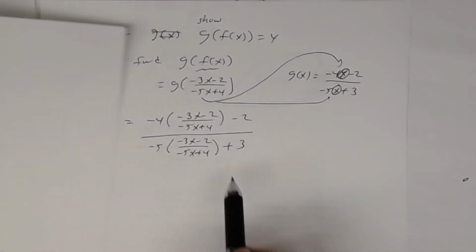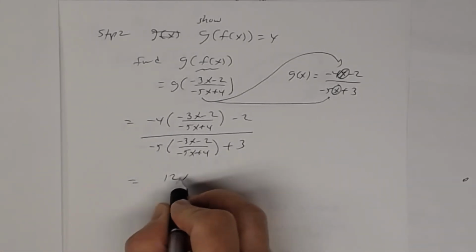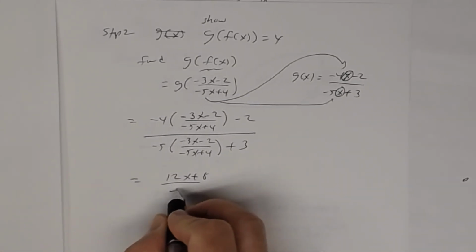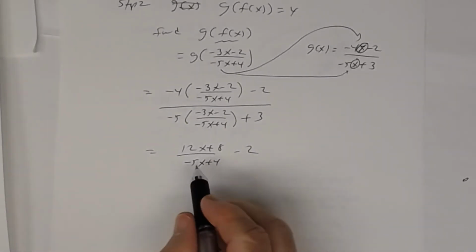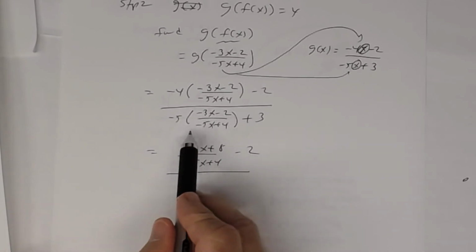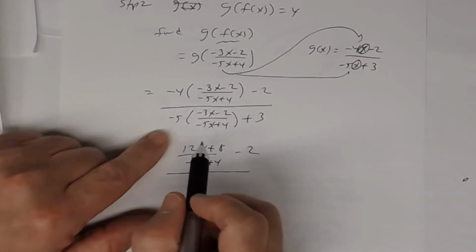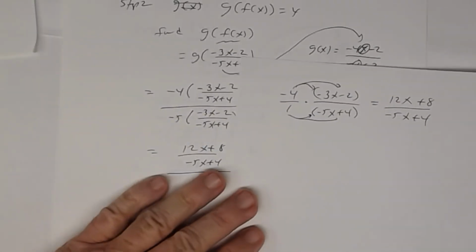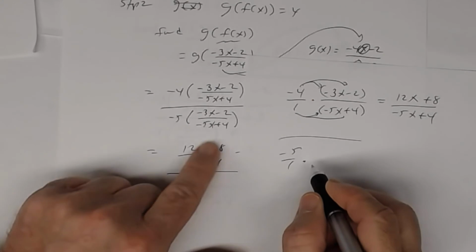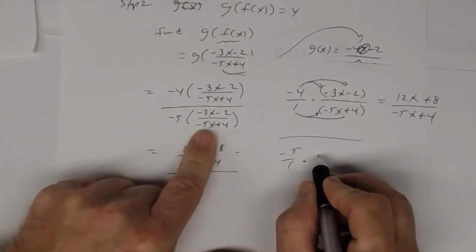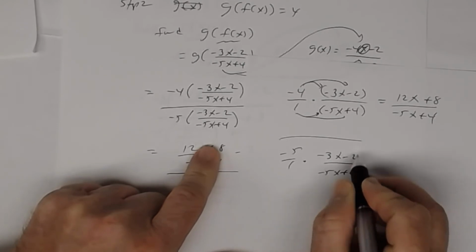Okay? So I'm going to take this right here, I'm going to rewrite it as 12x plus 8 divided by negative 5x plus 4, and then minus 2. Okay? All that's being divided by, you do the same thing here. But remember, you're going to take negative 5, you multiply by this numerator right here. Because remember why that's the case. So remember, negative 5 divided by 1 times this fraction right here. Negative 3x minus 2 divided by negative 5x plus 4.